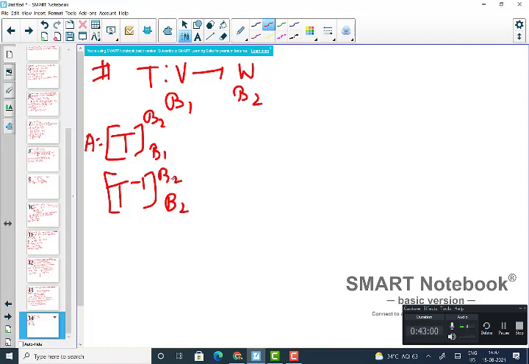So what is the natural guess? You take the original matrix with respect to B1, B2 and then take the inverse, because this is the inverse of the original map, right? So the corresponding matrices will also be inverse to each other.